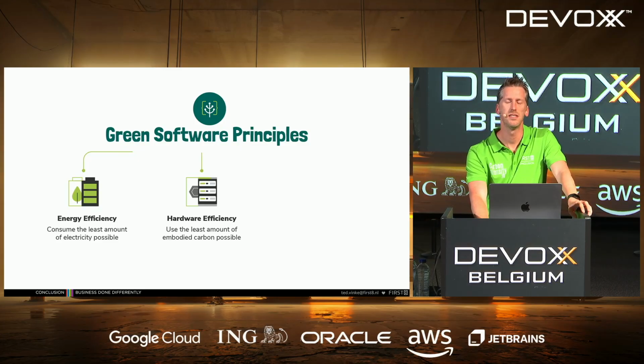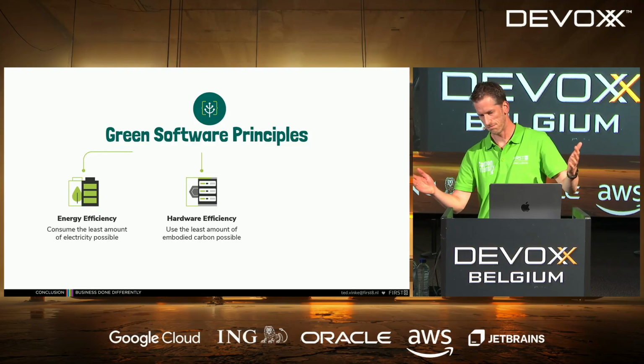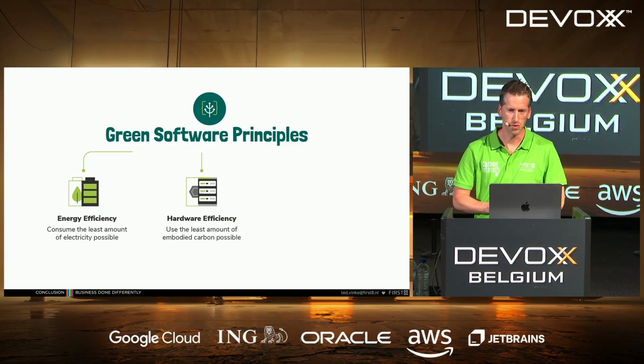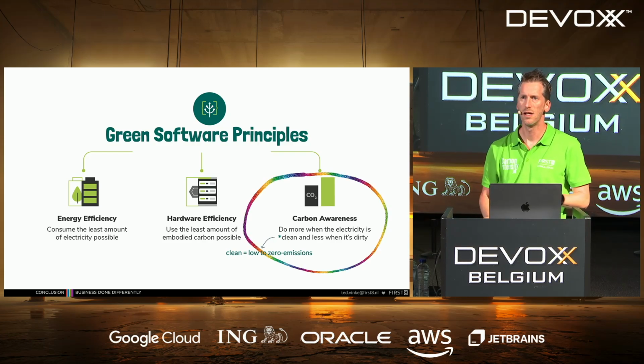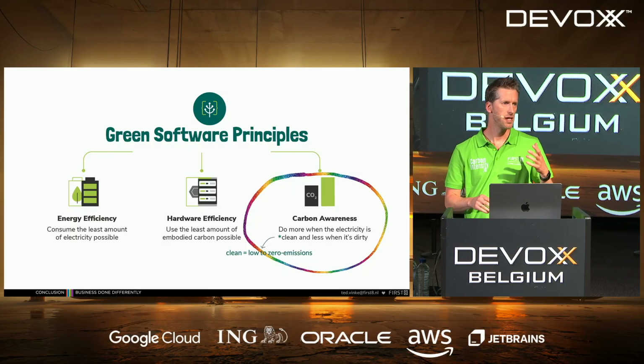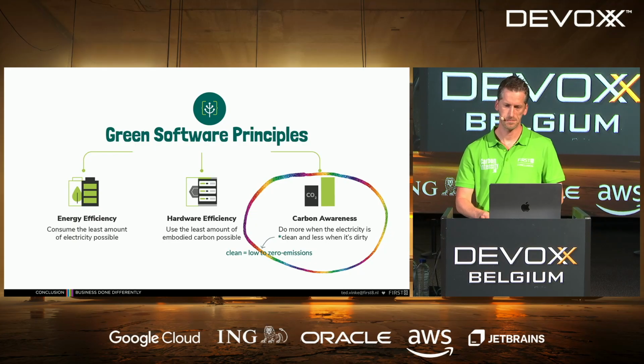Hardware efficiency, use the least amount of carbon possible, or in other words, use less computers to do the same work. And carbon awareness, do more when the electricity is clean and less when it's dirty. And today we're focusing on carbon awareness because that's the lowest hanging fruit for many of us.